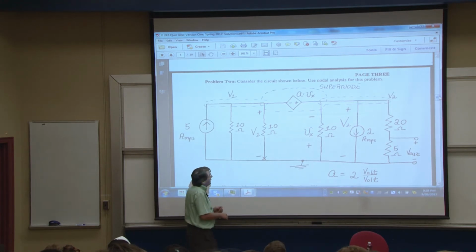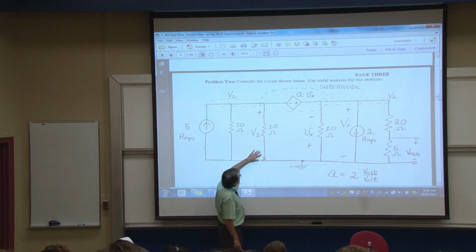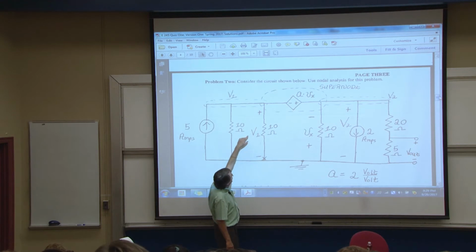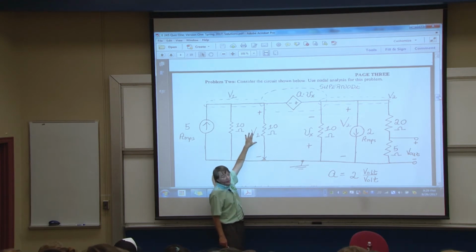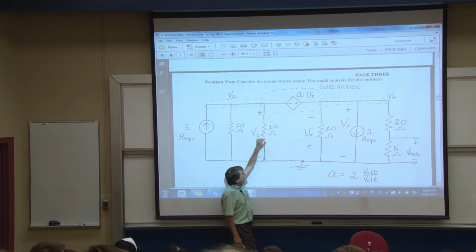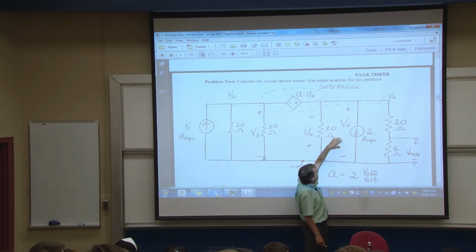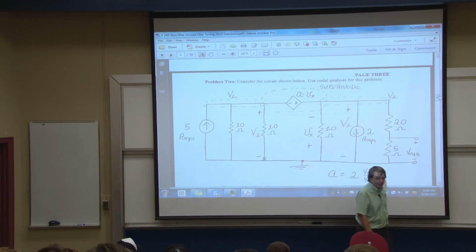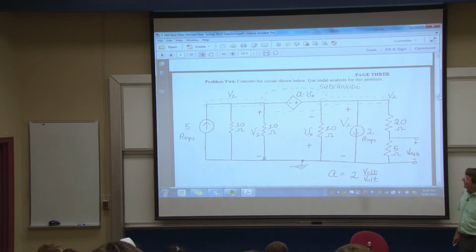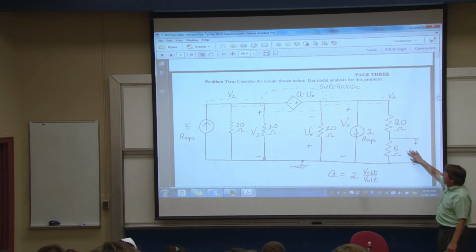And I think later on, I'm going to go for a walk through the supernode. So I go plus and minus V1. And over here, plus and minus V2. So I say, all right, I'll worry about this a little later.